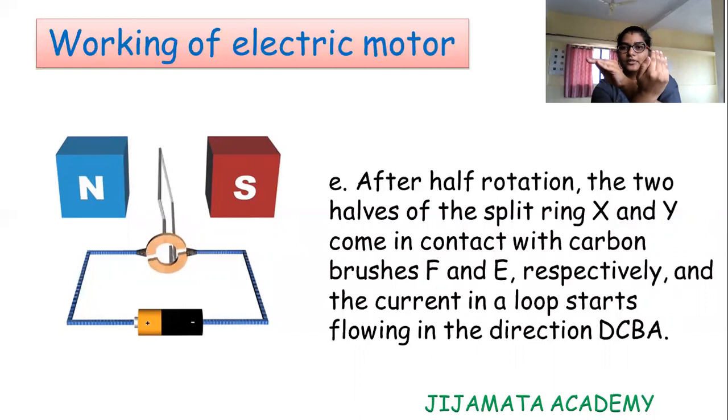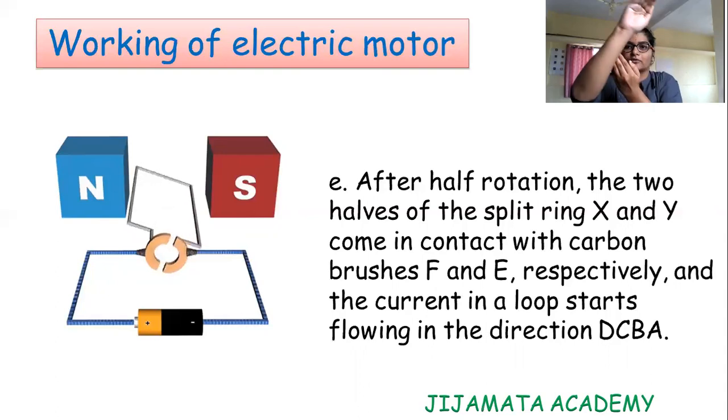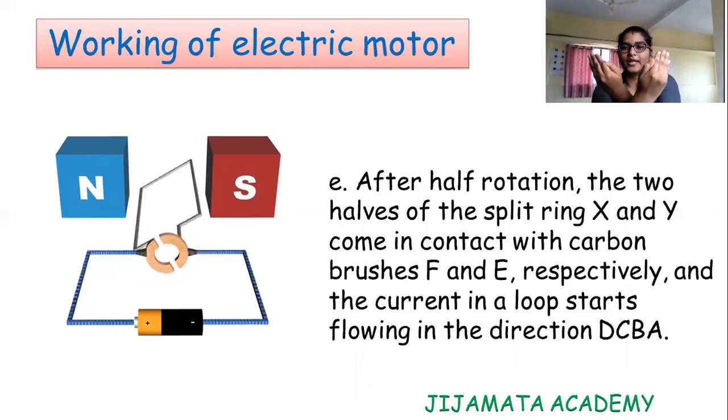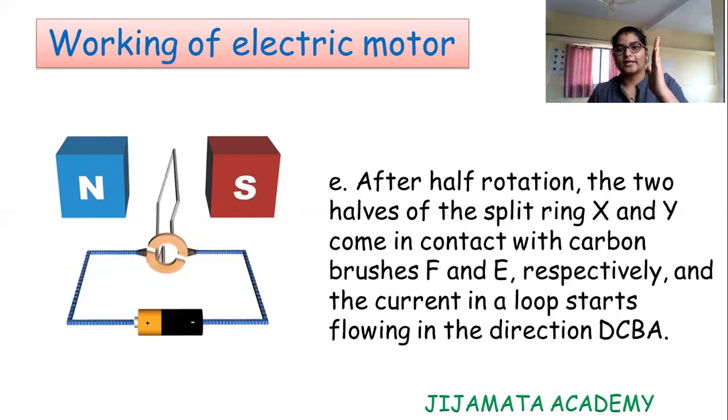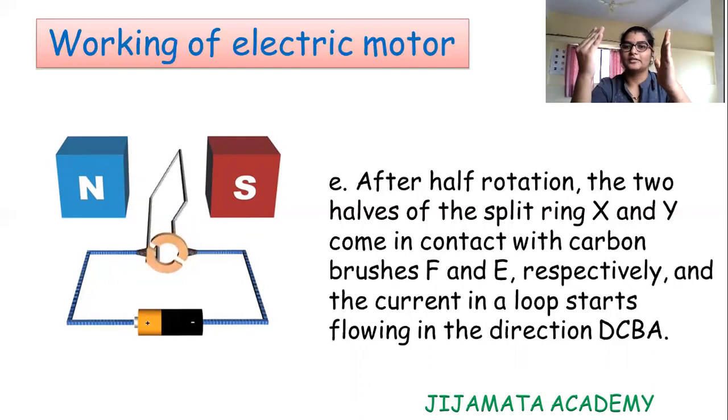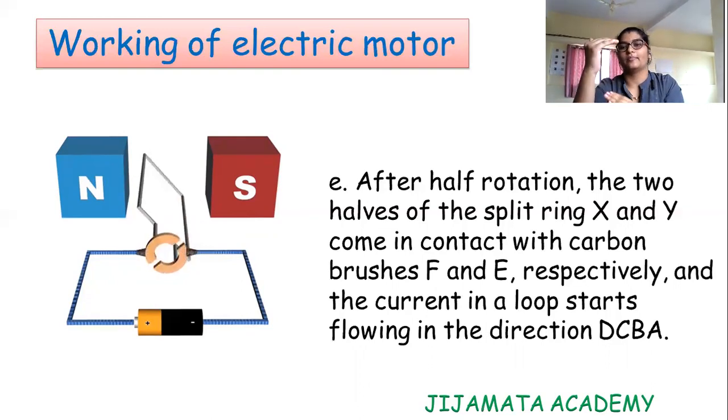And therefore, due to the rotation and the change in the split rings, the current in the circuit will also start to flow in opposite direction, because the pairing of the carbon brushes and split rings has changed. Earlier, X split ring was attached to E carbon brush, and Y split ring was attached to F carbon brush.